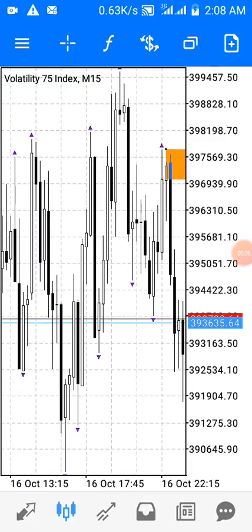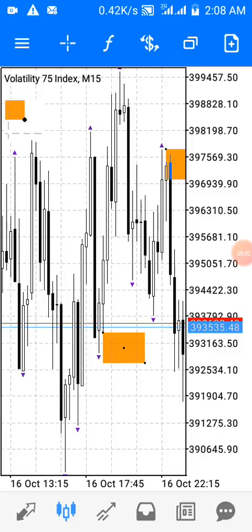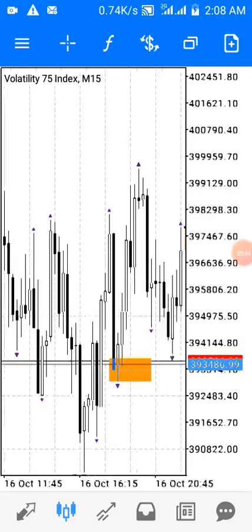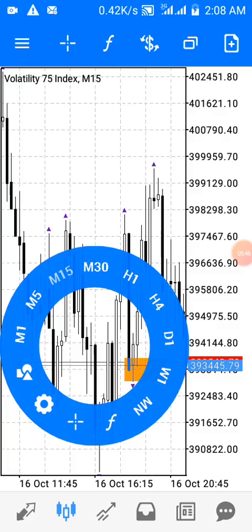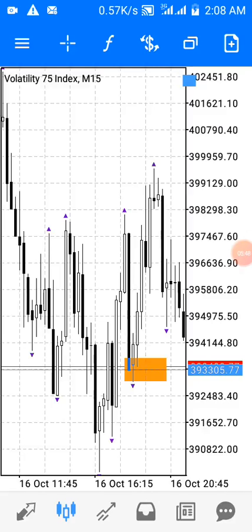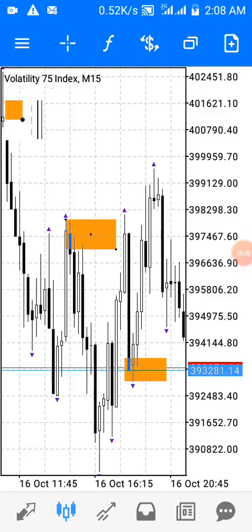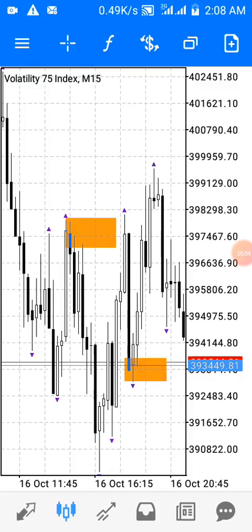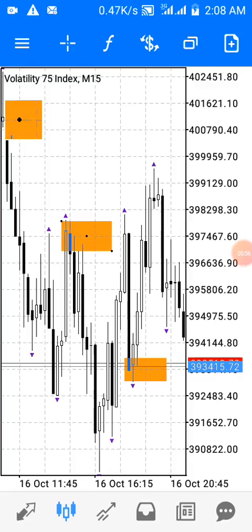This is my support. This is a resistance. I see the fractals. It's like the high point around here, and the low point around here.